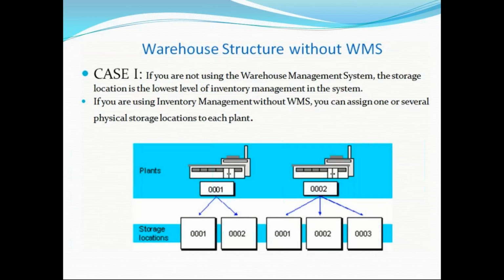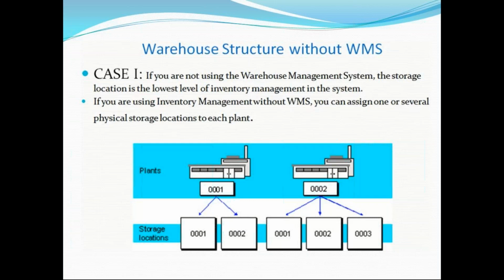A similar condition will happen on the goods receipt of plant 0002. In plant 0002, there will be three storage locations, 0001, 0002 and 0003.